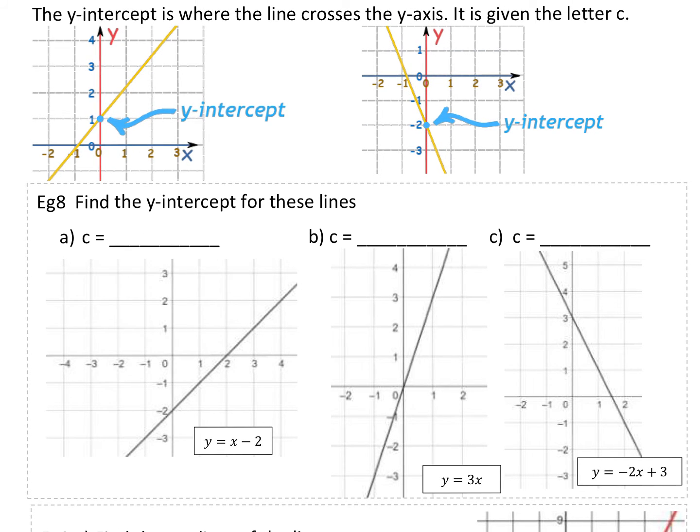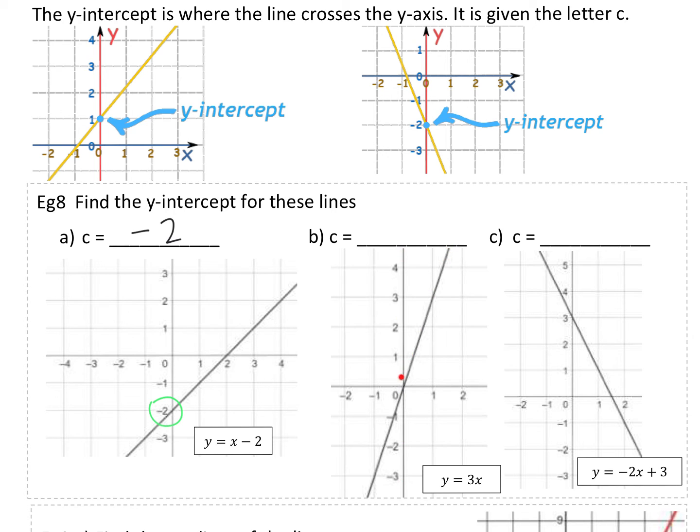Example 8. Find the y-intercept for these lines. So if we look where the y-axis is, this is your y-axis here, and this first line cuts the y-axis at -2. So our answer is -2. Part B, here we've got our y-axis.